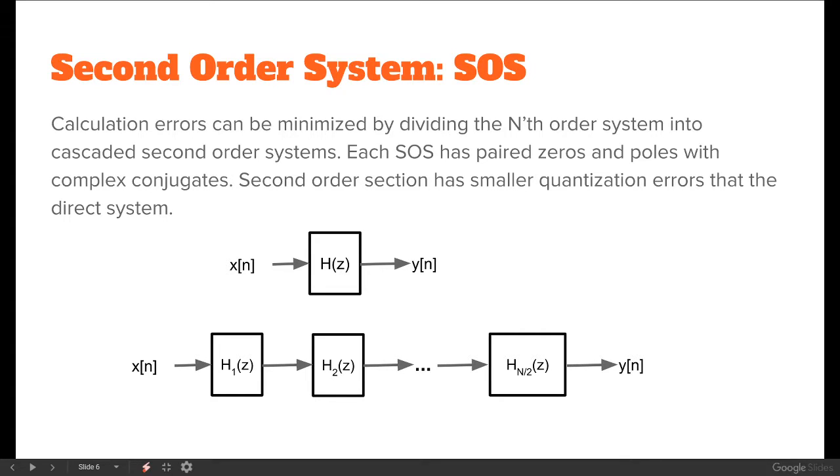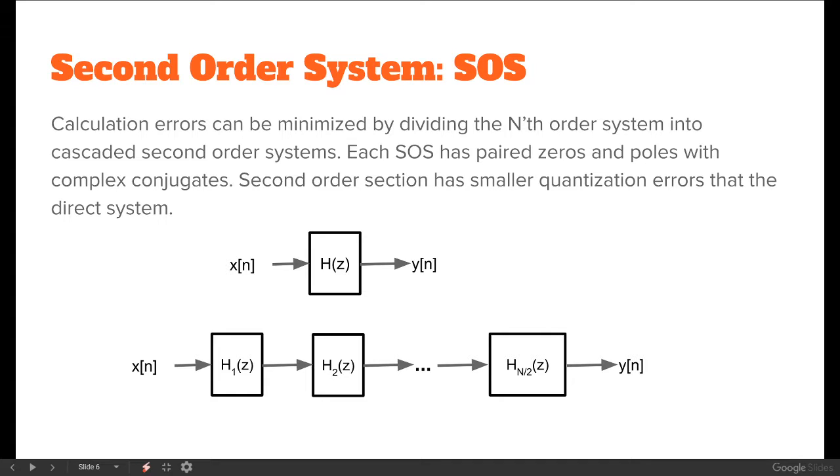So there we are. We have a zero-pole plot. Typically a low pass IIR filter looks more or less like this.